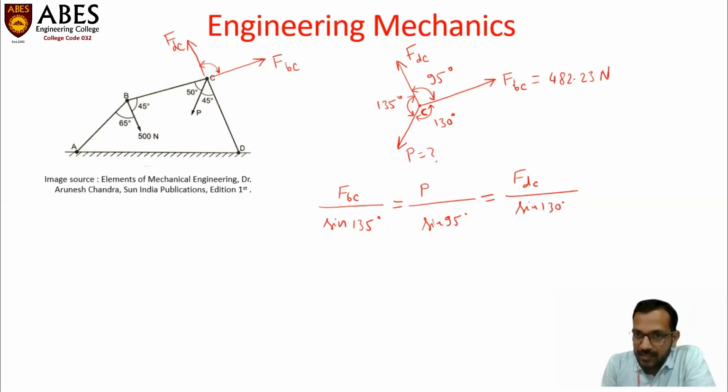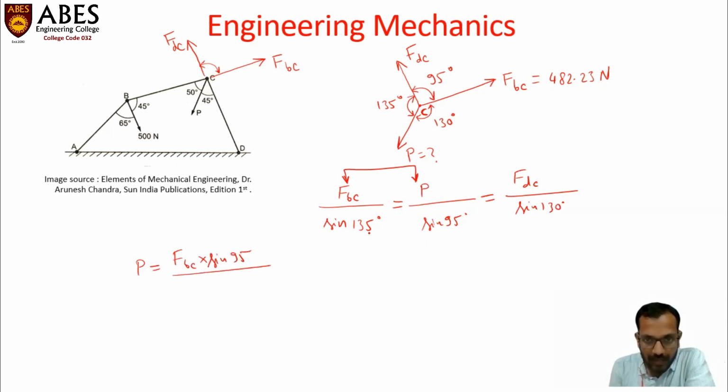FBC is known. So let's consider the first and the second term first. P can be calculated using this expression. P is equal to FBC into sine 95 upon sine 135 degrees, is equal to 482.23 multiplied by sine 95 upon sine 135 degrees.